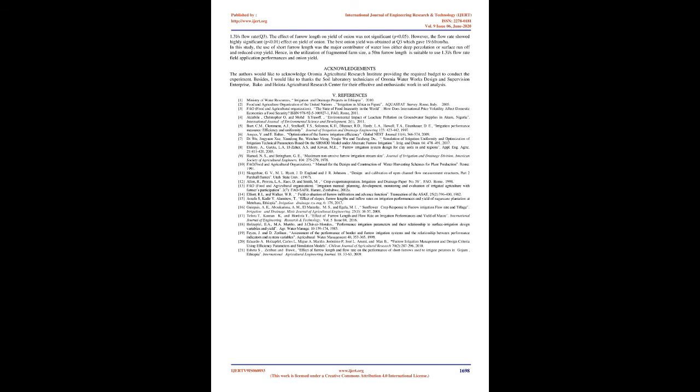Similarly, the effects of both furrow length and flow rates on deep percolation ratio were highly significant, p<0.01. The maximum deep percolation loss of 46.4% was observed in the treatment combination of 0.7 L/s flow rate, Q1, and 50 m furrow length, F3, while the least value of deep percolation was 34.35% for 25 m furrow length, F1, with 1.3 L/s flow rate, Q3.